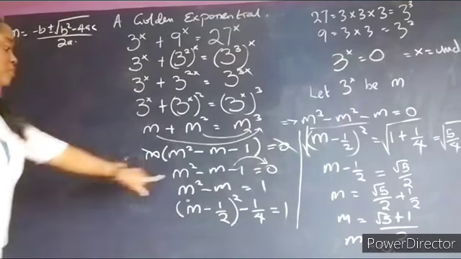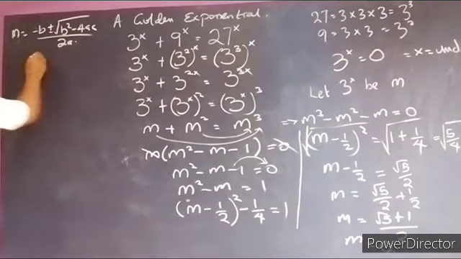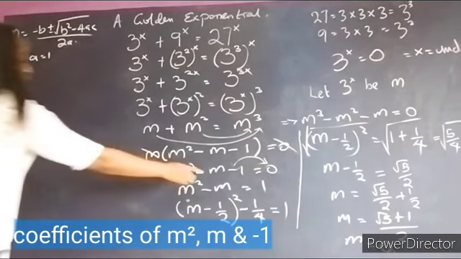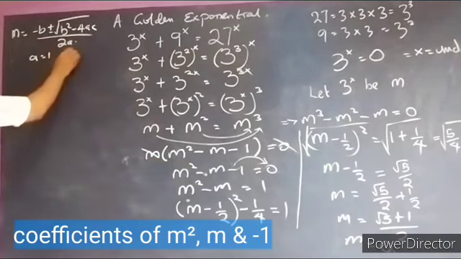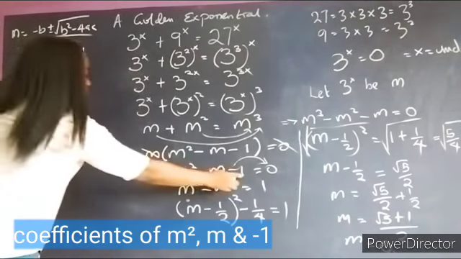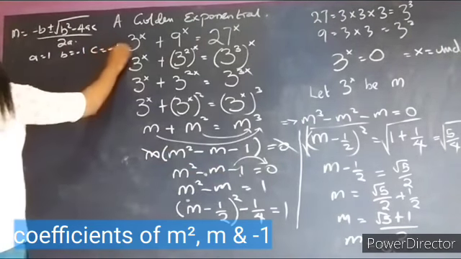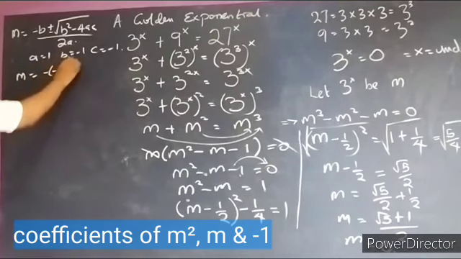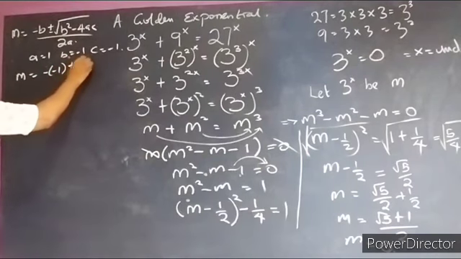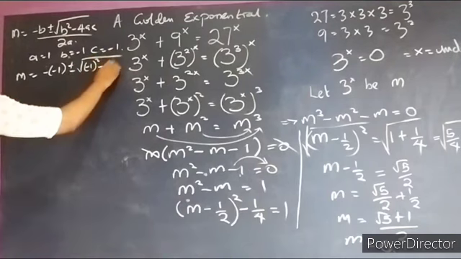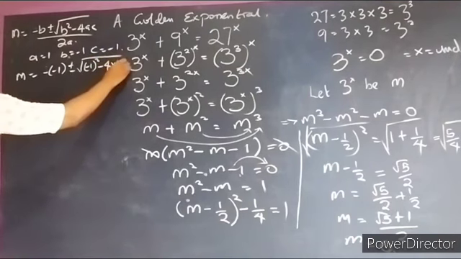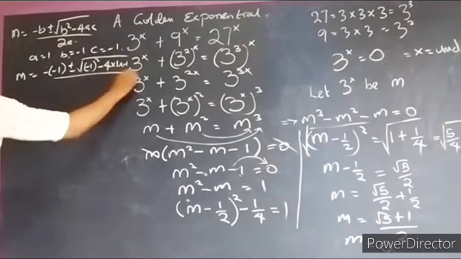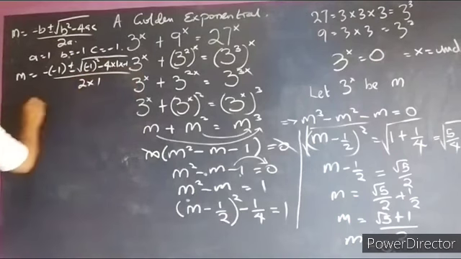Now, in this function, we have a as 1, b as minus 1, and c as minus 1. So m will have minus minus 1 plus or minus the square root of 1 squared minus 4 times 1 times minus 1, all over 2 times 1.